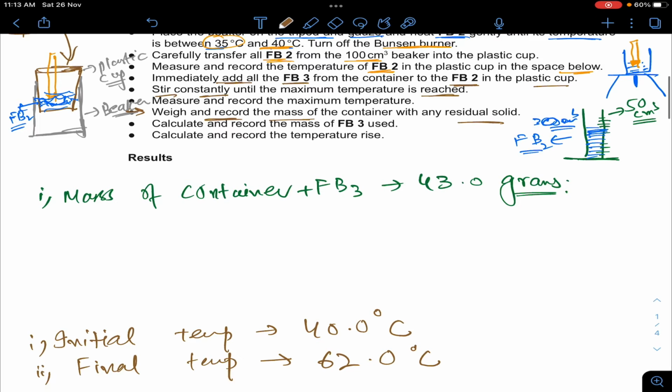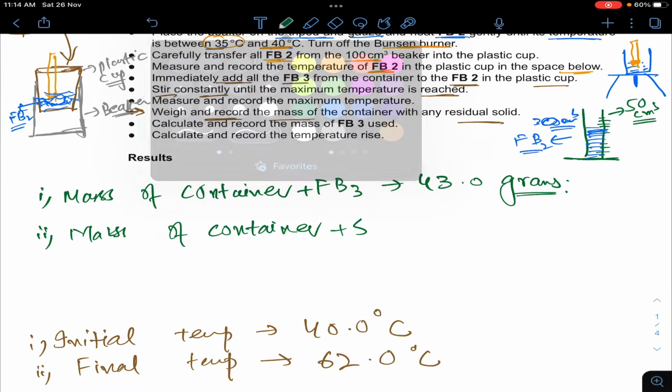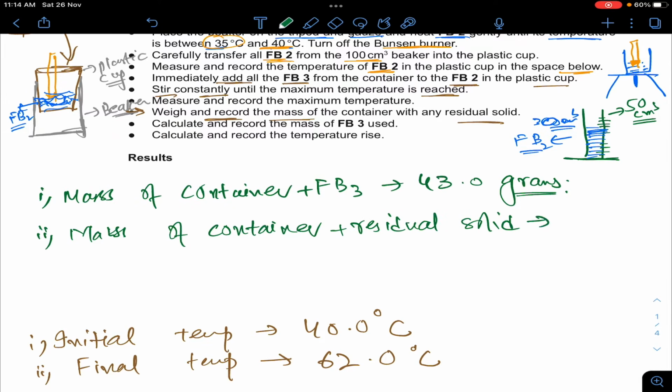So the mass of container plus residual solid is 41 grams. From here we can calculate the mass of FB3 that we have used.